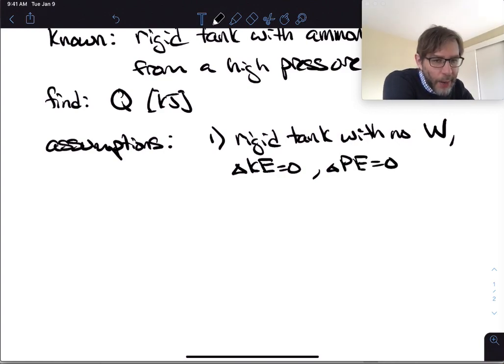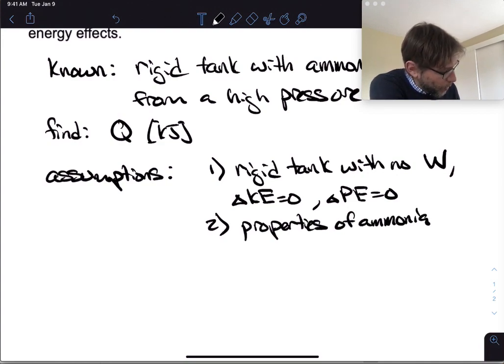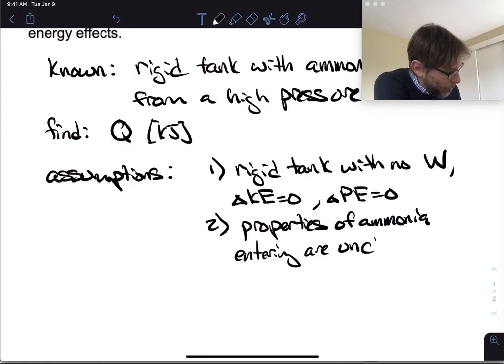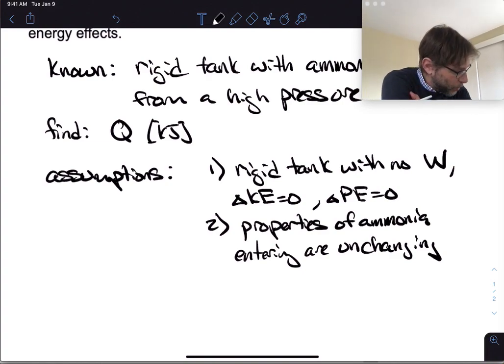So there's no drop or anything like that. Two, we can also assume this is a steady state, so the properties of ammonia entering are unchanging. So we assume that we have an unchanging situation with regards to the tank.